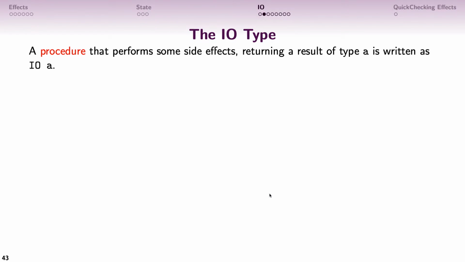So the I/O type: we've seen the state type, and there's another type called I/O. It's just like IO A, right? And that means this is a procedure that when you execute it will return a value of type A, but it might also do some stuff like launch some nuclear missiles or print to the screen. So it can have some I/O effects as well.